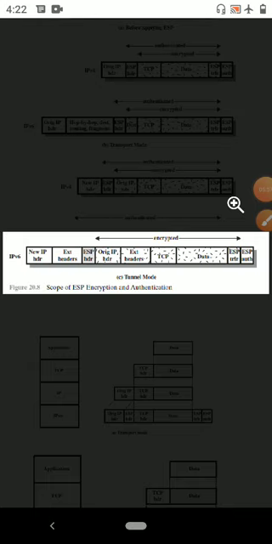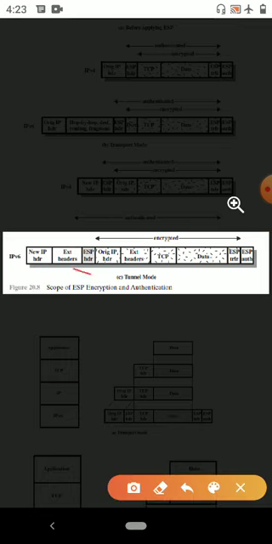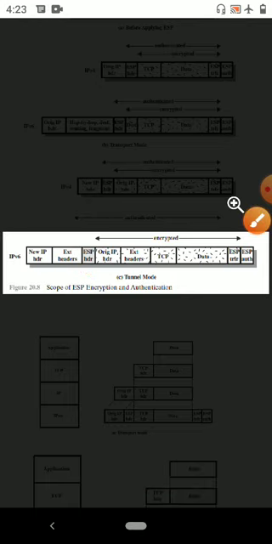Tunnel mode ESP is used to encrypt an entire IP packet as shown in the figure. For this mode, the ESP header is prefixed to the packet and then the packet plus the ESP trailer is encrypted. So, ESP header, ESP trailer. This method can be used to counter traffic analysis.